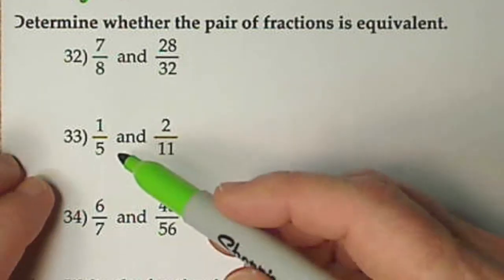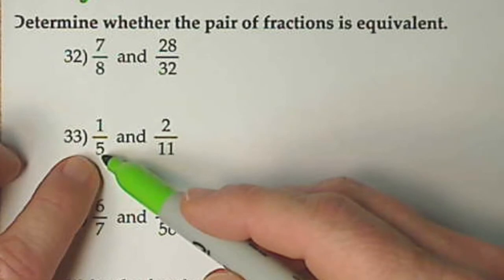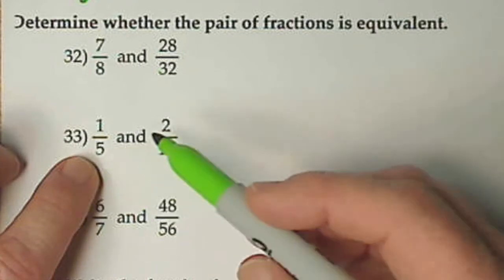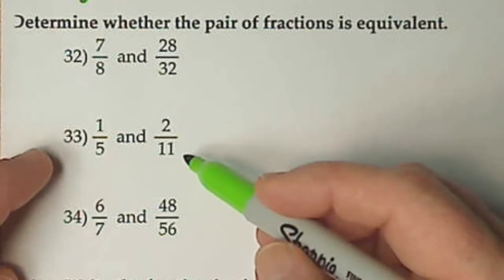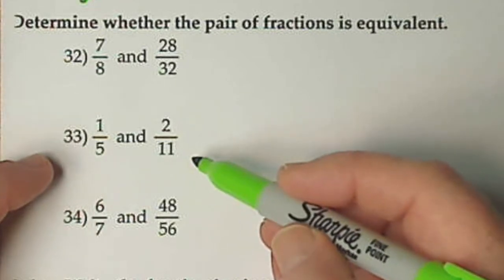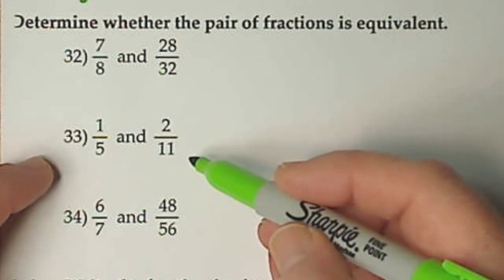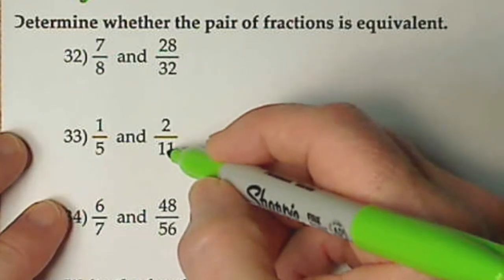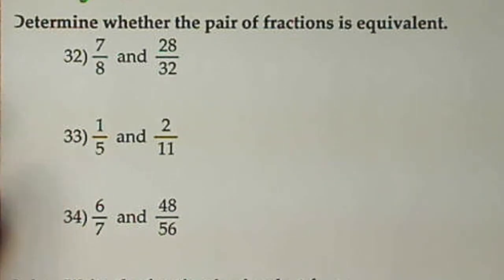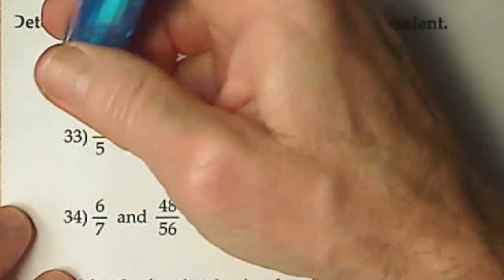If I multiply 5 times 11, I'll get 55. If I multiply 11 times 5, I'll get 55. So I know what to do to get common denominators. I just don't really have to do all that work. Okay? So I'm going to multiply. Let me get rid of my 33 here.